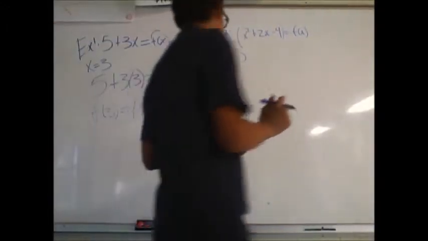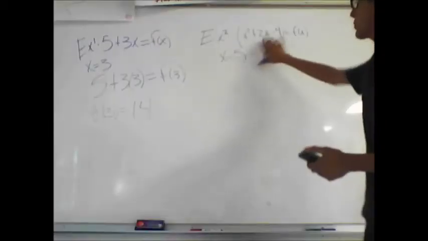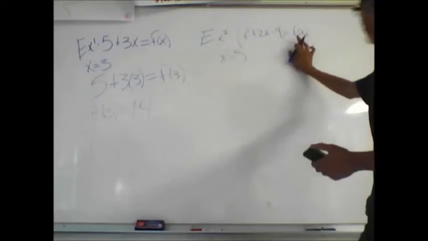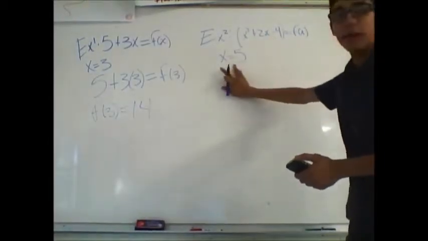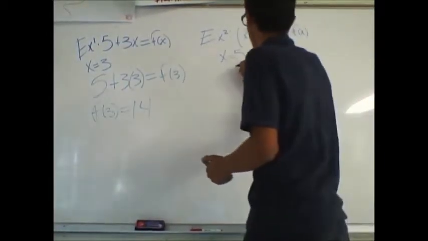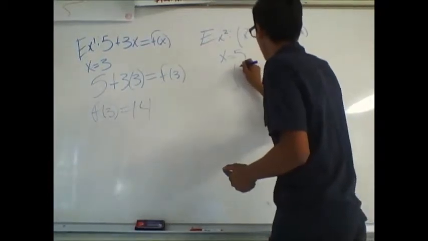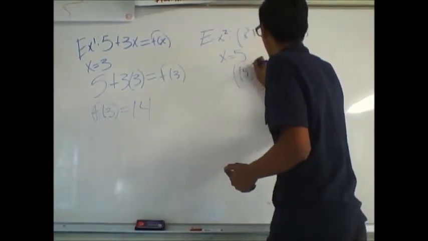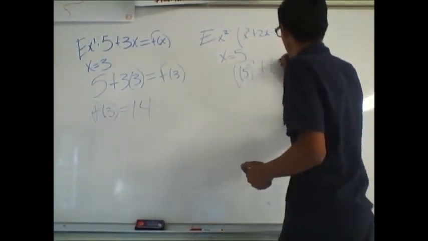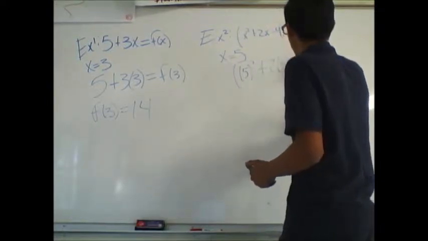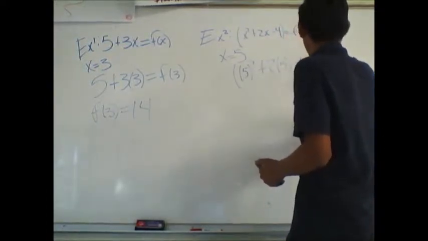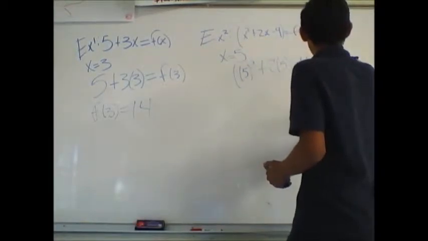Now let me do example number 2. So we have x squared plus 2x minus 4 equals f of x. So we're going to plug in x equals 5. So let me do that. 5 squared plus 2, so we plug in for x, minus 4 equals f of 5.